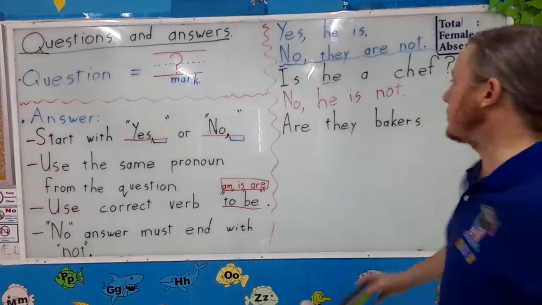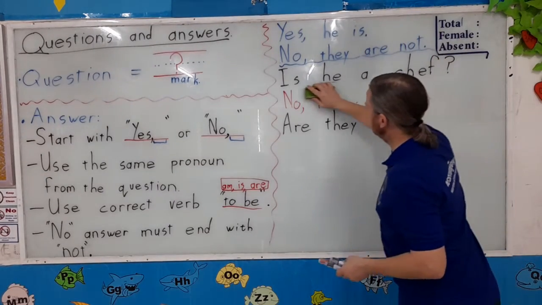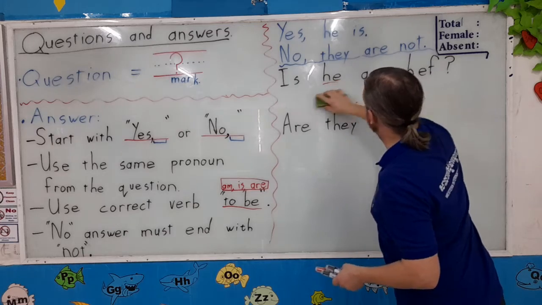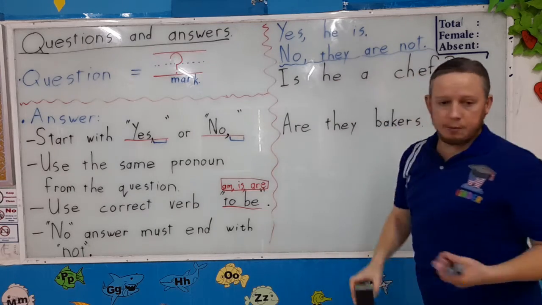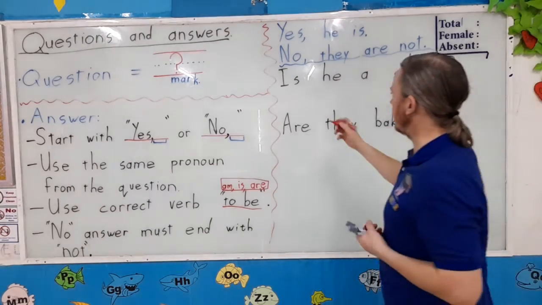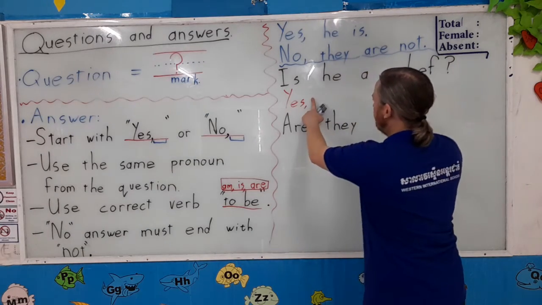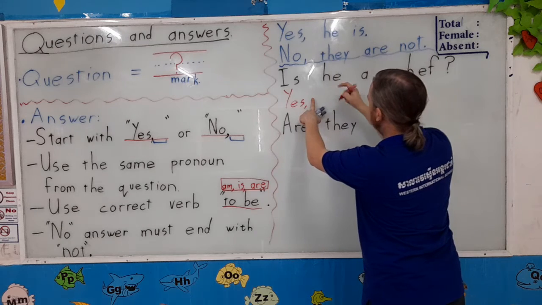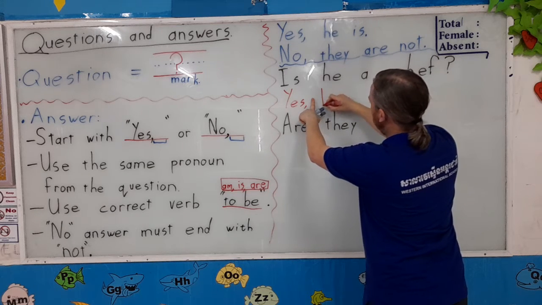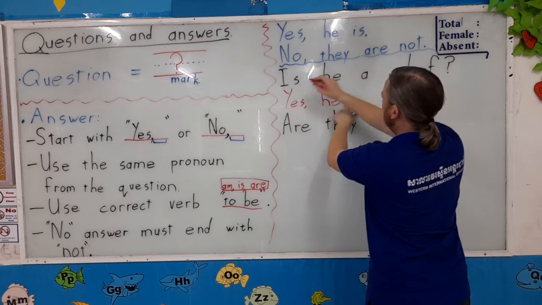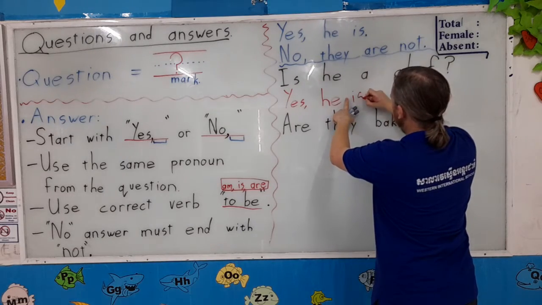Okay, if we want to answer it in the positive, and we say it's true, the same rules apply. We start with capital Y, small e, small s, comma, space, yes, pronoun, he, verb to be, is.